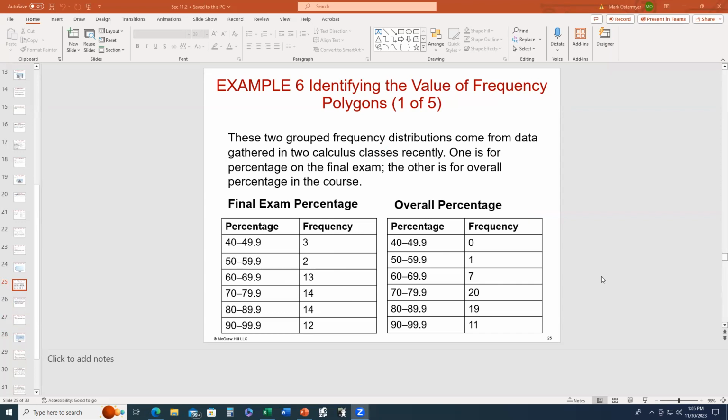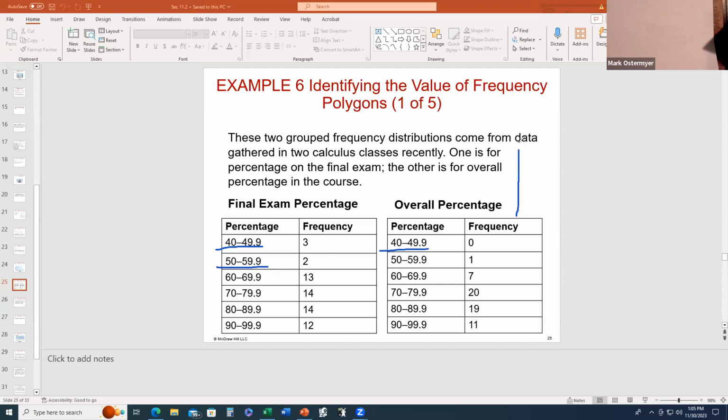I think so. Well, it might look messy. Yeah, it's going to look extremely messy, because you're going to have these classes all aligned with each other. Do you agree? For the two different percentages.